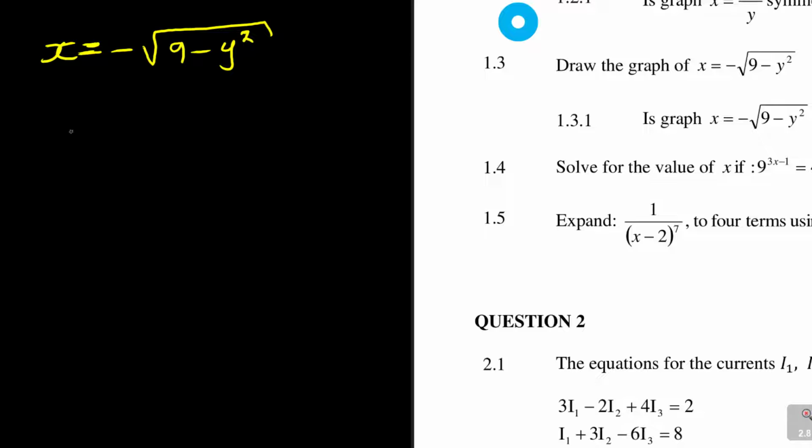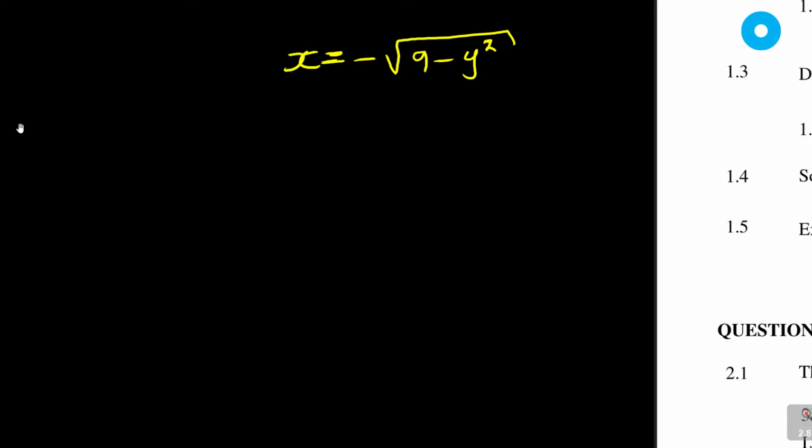If you literally try to solve this, you will see that this is the equation of a circle. For example, if I divide both sides by -1, what am I going to have? I'm going to have -x is equal to the square root of 9 minus y squared.